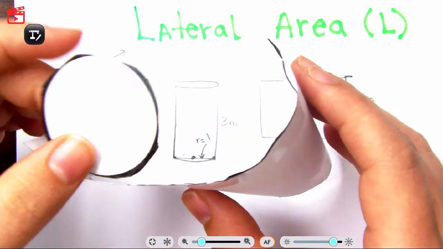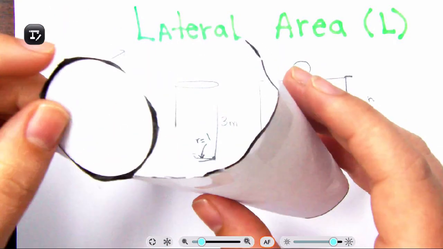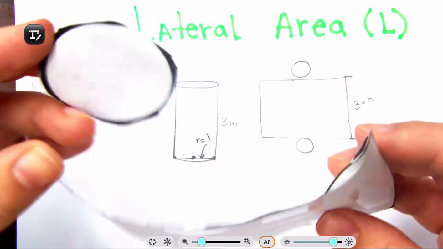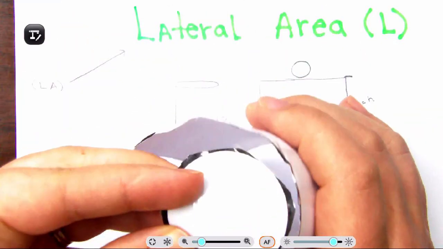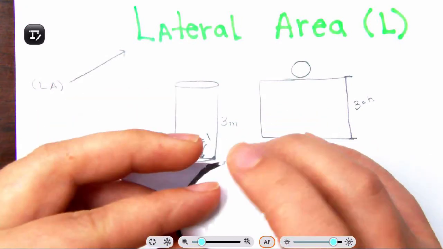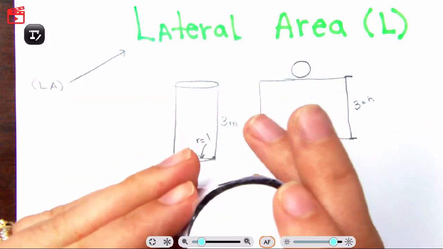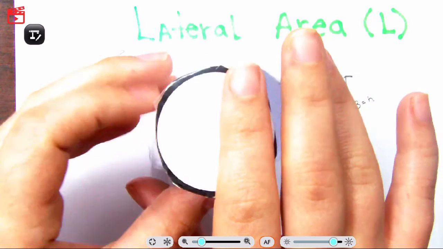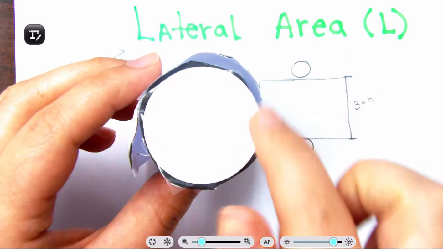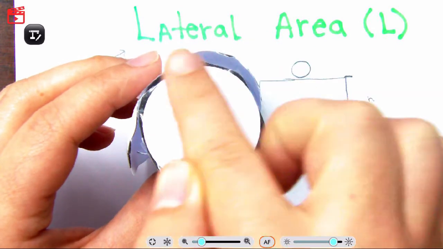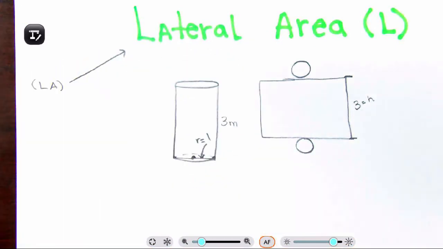This edge right here, actually that worked out, it kind of stuck together, is going around the circle, around the edge of the circle and kind of hugging it all the way around. So what is it called when you go around the circle? And I know this is not perfect, but when you go around the circle, all of it, what is that? Well, let's talk about the circle.